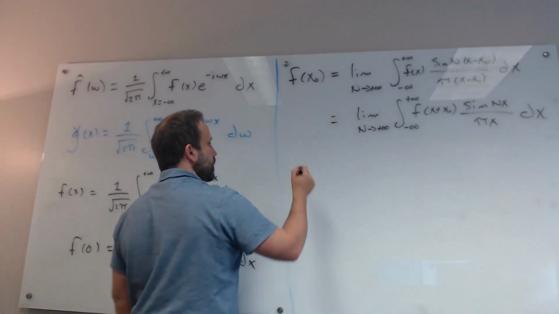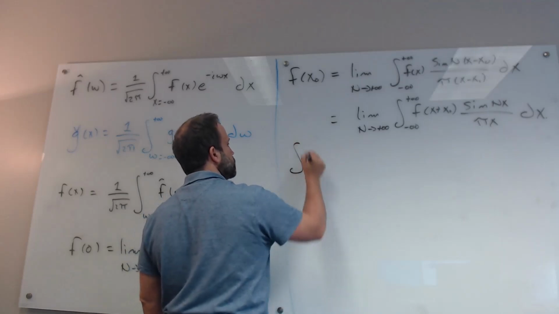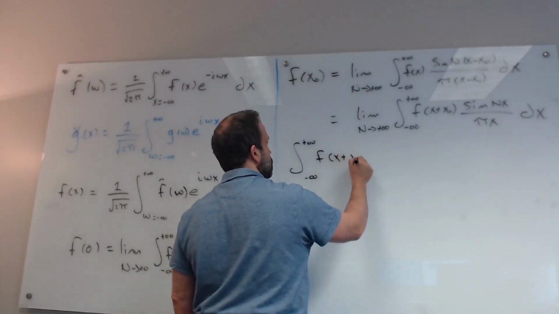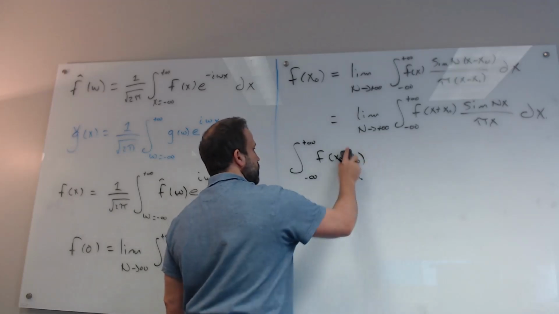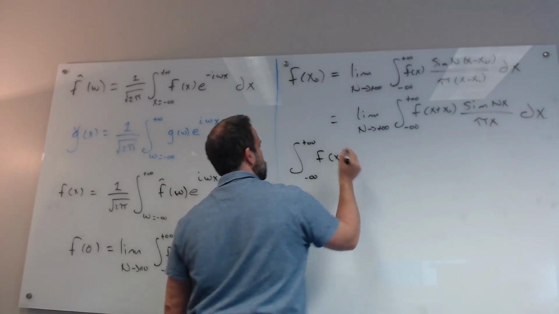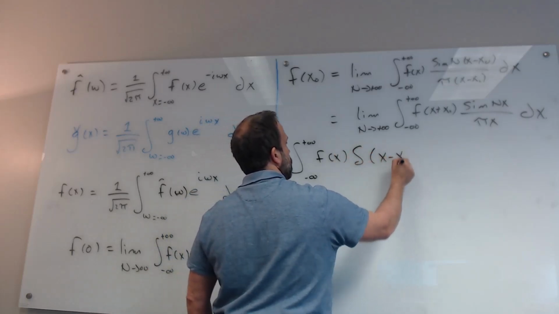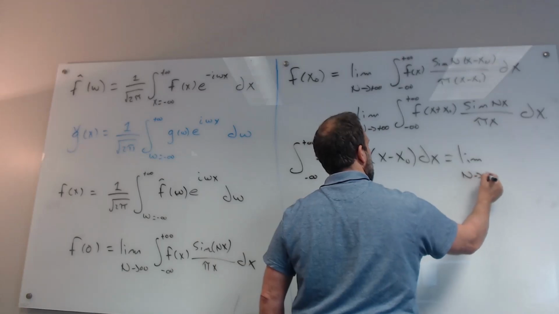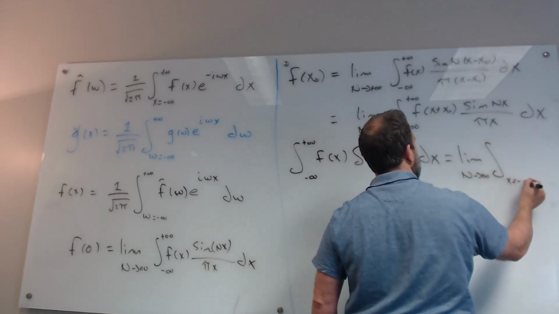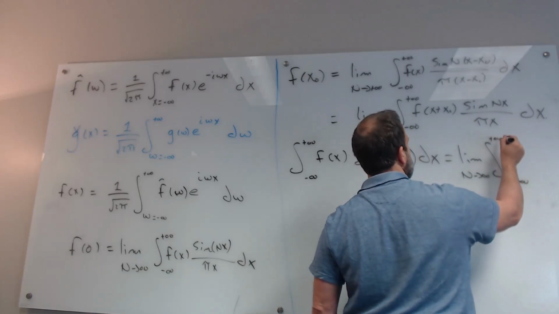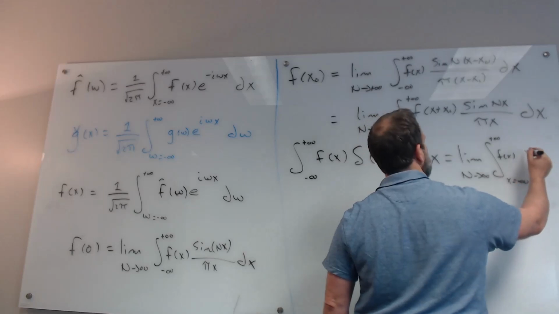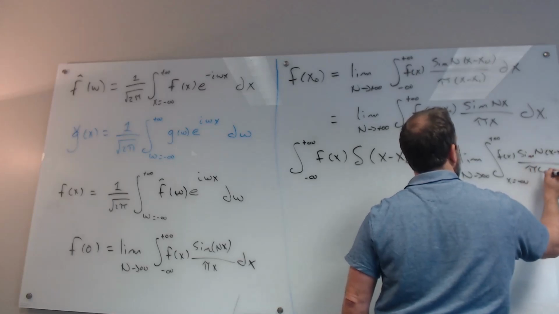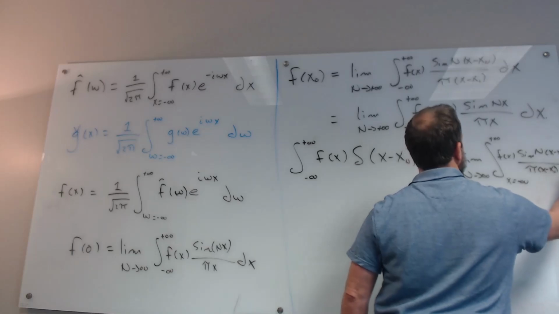What we're saying then is that the integral from minus infinity to positive infinity of f of x delta of x minus x naught dx is equal to the limit as n goes to infinity of the integral from minus infinity to positive infinity of f of x sine of n times (x minus x naught) over pi times (x minus x naught) dx. Sorry about that.